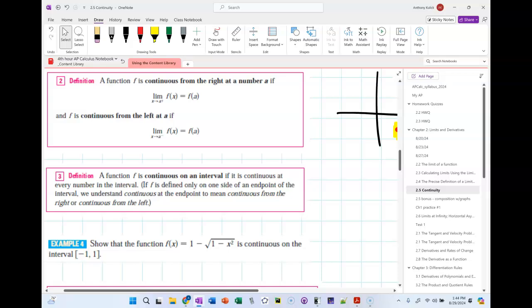So that's what we're doing here in definition 3. We say a function f is continuous on an interval if it is continuous at every number in the interval. And then it says if f is defined on only one side of an endpoint of the interval, we understand continuous at the endpoint to mean continuous from the left or continuous from the right. Does that make sense?